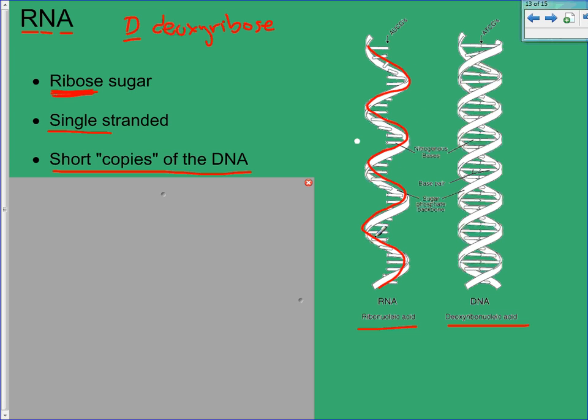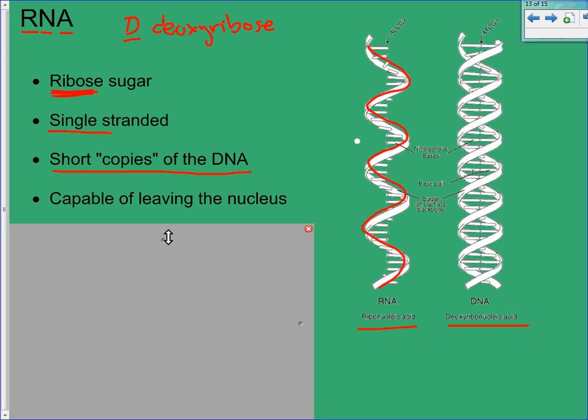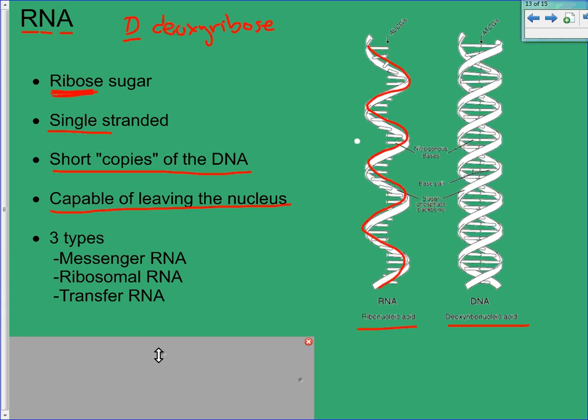There's messenger RNA, often called mRNA. Then there's ribosomal RNA, part of the ribosomes, called rRNA. And then transfer RNA. Its name kind of gives it away. It moves things around. It's called tRNA. Again, we'll talk more about those later.